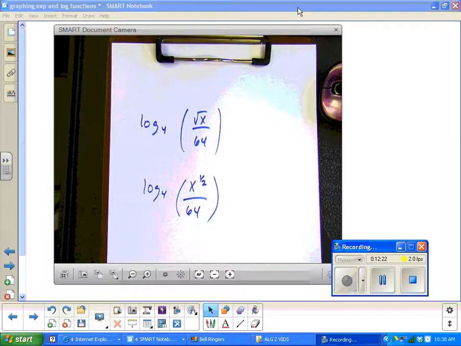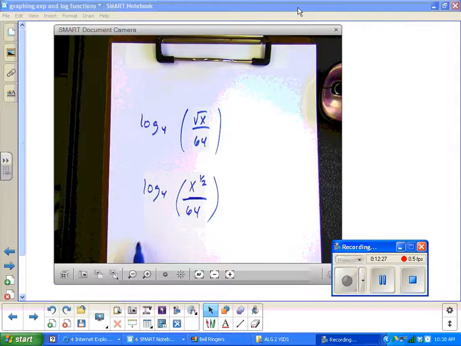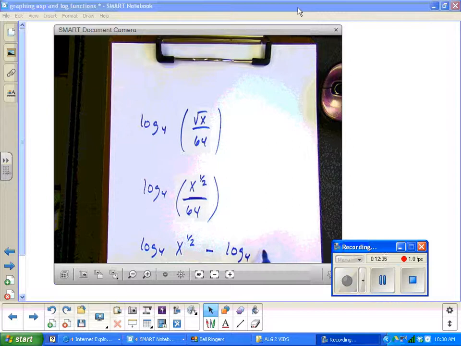Now, let's separate them. So we're going to separate them with what? Subtraction. We get log base 4 of x to the 1/2, then minus log base 4 of 64. Right, that's just going to be 3. Now, what can I do here with the power?